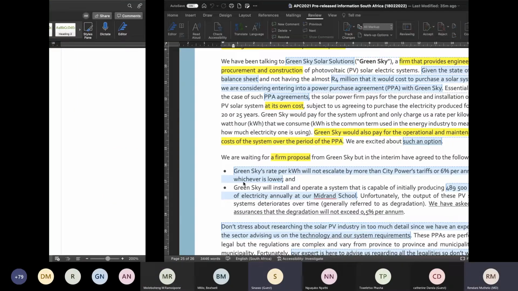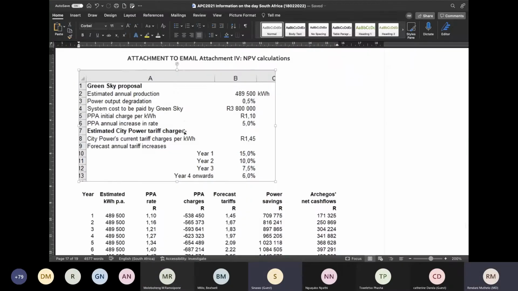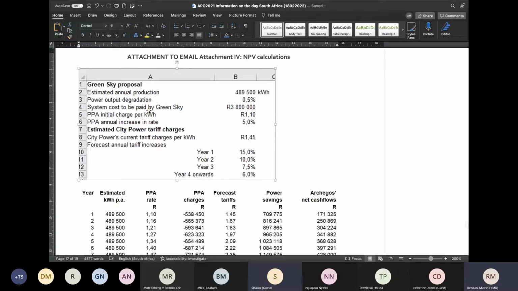Now there is something interesting. They say the estimated annual production is 489,500, and then there's power output degradation.